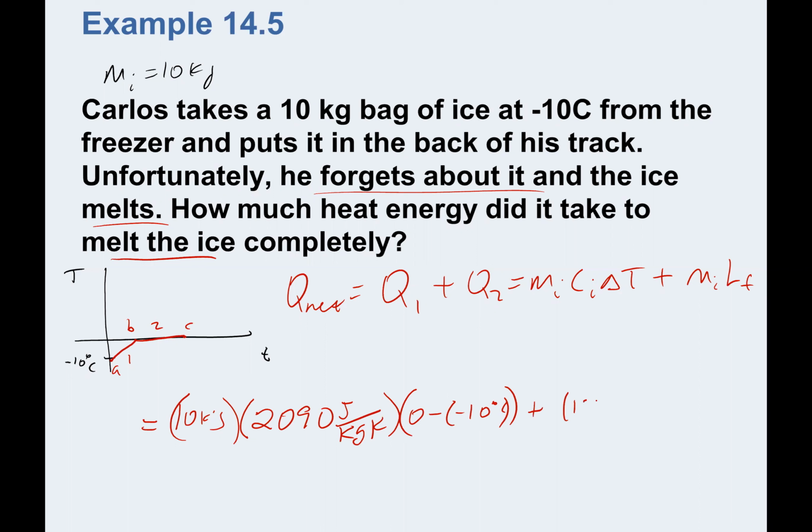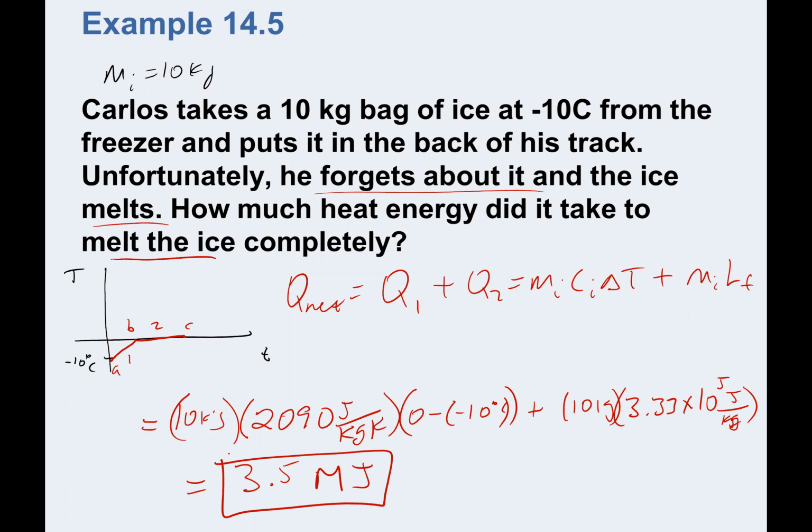Then plus mass times heat of fusion, so 10 kilograms mass, and heat of fusion is 3.33 times 10 to the 5 joules per kilogram for LF. We calculate this, and I get 3.5 megajoules.